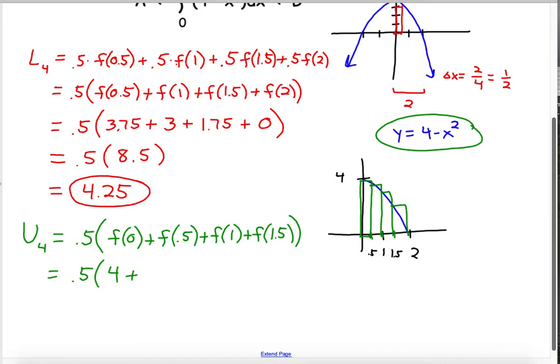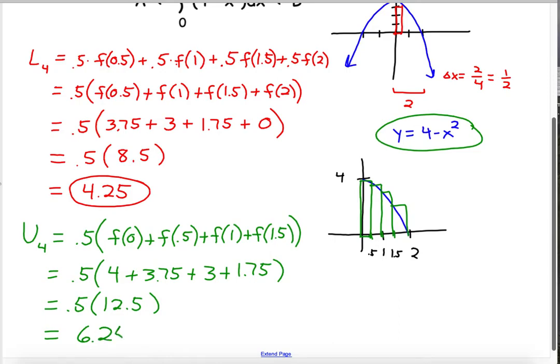F of 0.5 was 3.75. F of 1 was equal to 3. And f of 1.5 was 1.75. So we have for our upper limit 0.5 times, adding 4 to that, 12.5. And half of 12.5 is 6.25.